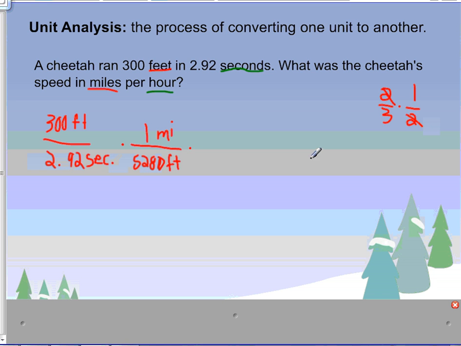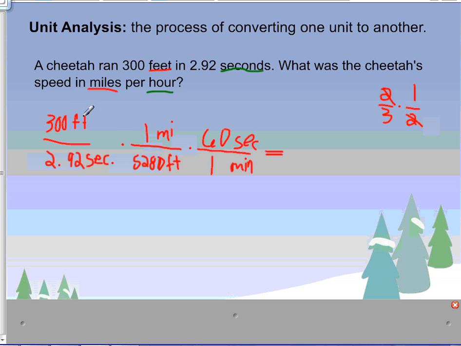Now we need to deal with the seconds to minutes. Since seconds are on the bottom, I'm going to put the seconds on top because I can actually get rid of those seconds then and put minutes right here. So I have 1 minute. For every 1 minute, there's 60 seconds.